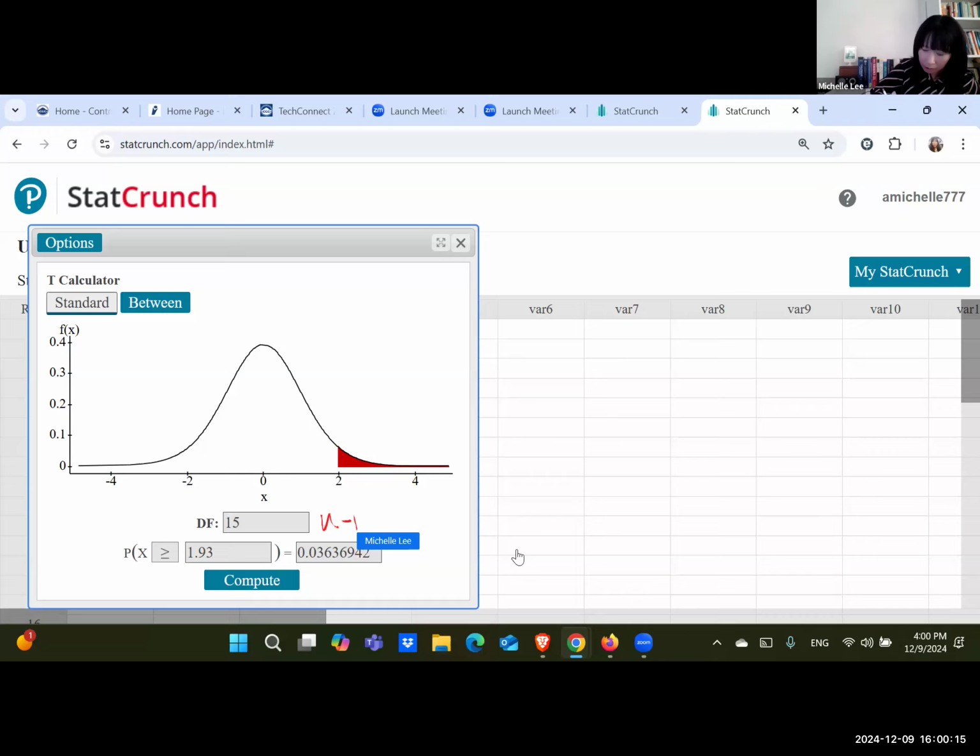So n minus 1 degrees of freedom, which is 16 minus 1, which is 15. And this is the t-value, the t-score, right? Make sense? All right.